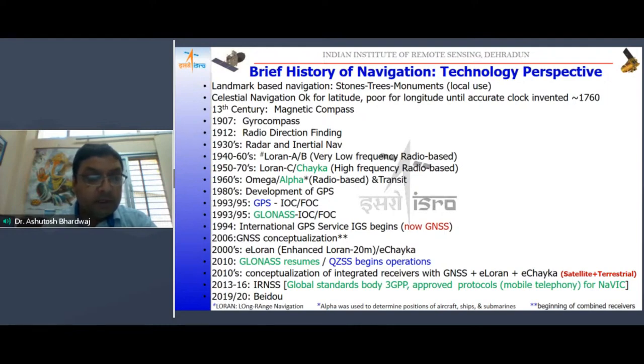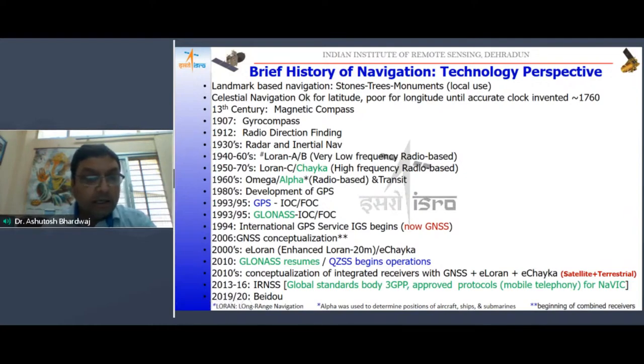Here again, we can note that the development of the Russian technology and the US technology, either in case of the tower-based systems on the ground or the satellite-based navigation systems, were quite parallel. GLONASS, which is the Russian satellite navigation system, also declared its initial operational capability in 1993, similar to that of GPS of the US, and the final operational capability of GLONASS was declared in 1995, the same year as that of the GPS.